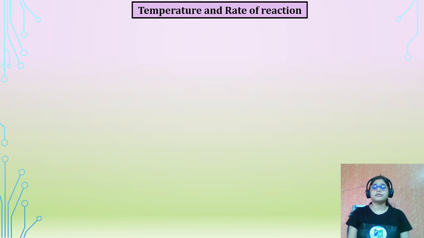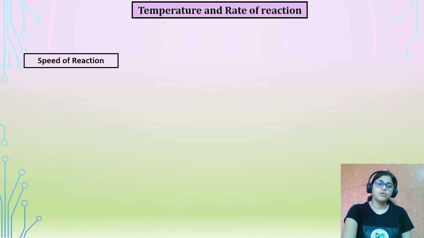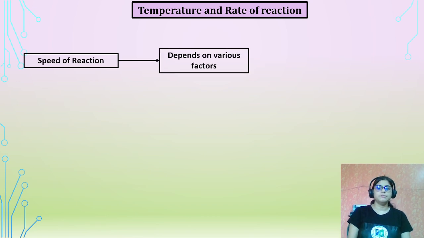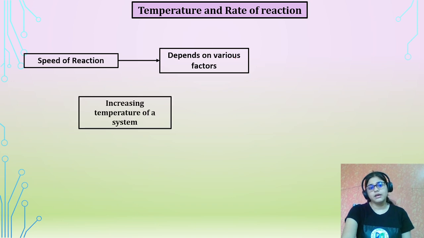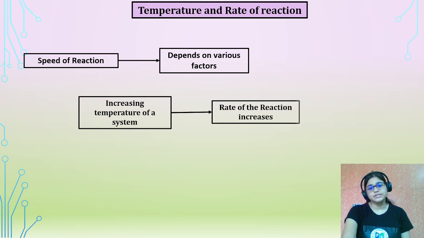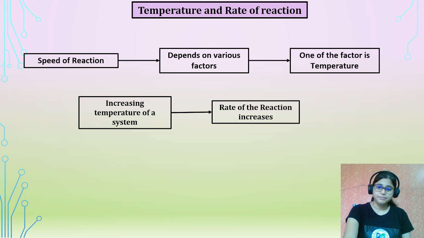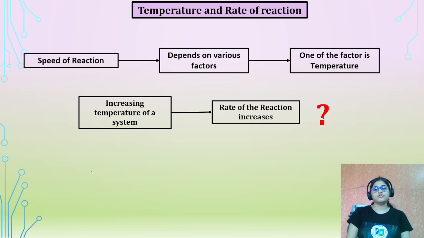But the rate of reaction also depends on the temperature. Okay, so speed of reaction or rate of reaction depends on various factors. Increasing temperature of a system, rate of reaction actually increases. Okay, question mark. So how? Here it can be observed that when we increase the temperature, the rate of reaction actually increases.